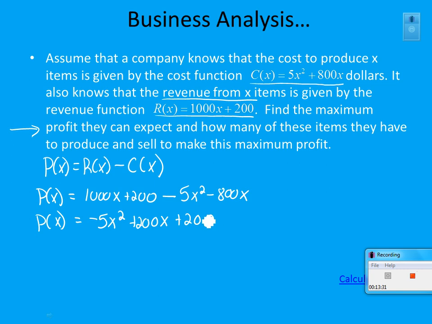And then now to bring it home, we know that this thing's a parabola opening down. So I need to find my vertex, so it's going to be the opposite of B, so negative 200 over 2 times negative 5, which will be negative 10. So it tells me I need to sell 20 units.